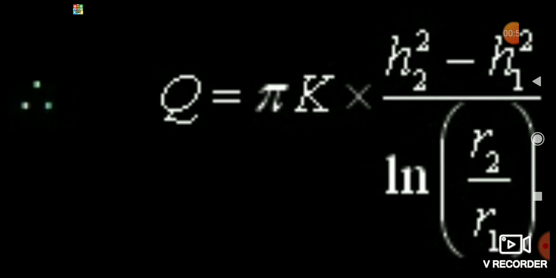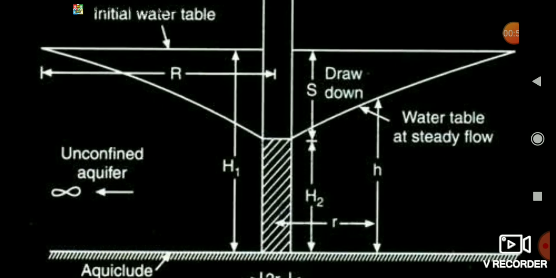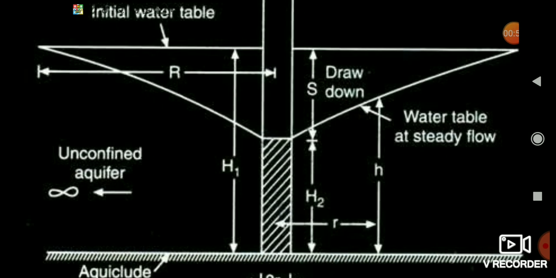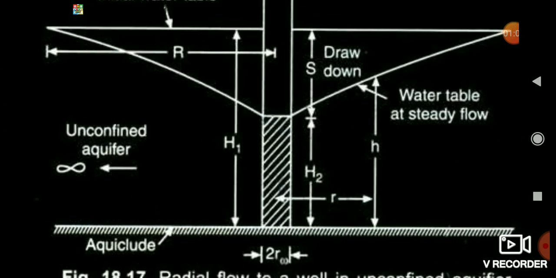Friends, here you see in the diagram that the initial height is H1. The heights given are H1 and H2. These are the heights of the well water surface at that particular radius.